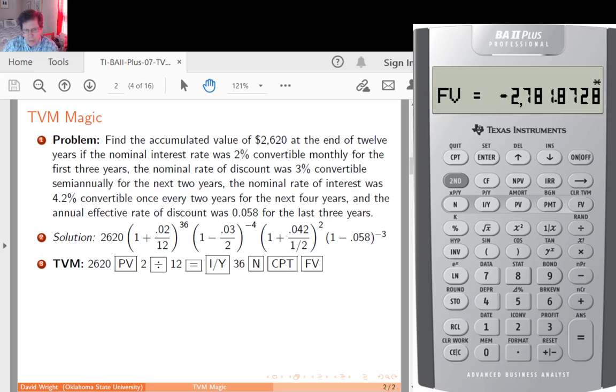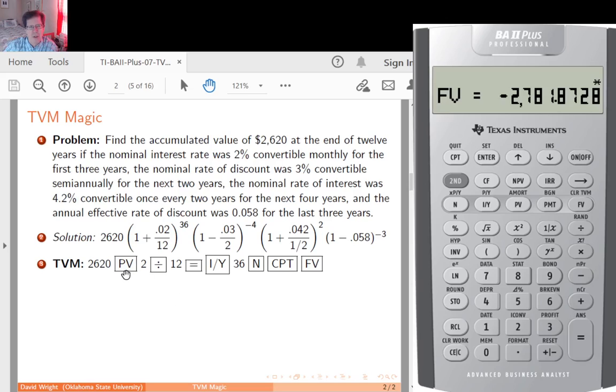And then the next phase, we have to discount. And the thing is that we have talked about discount. It's like negative interest in reverse time. So we're going to leave the value here in the future value. Oh, sorry. Let me go back a step. Didn't want to show the answer.